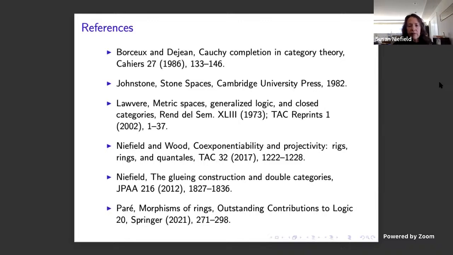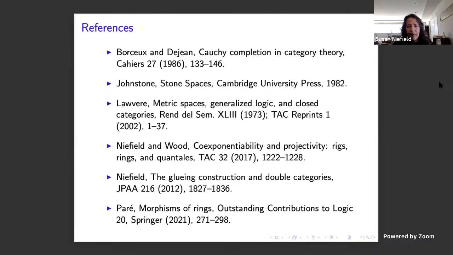And then Lawvere's original paper was in 73, but it was the first TAC reprint in 2002. And the paper with Wood, co-exponentiability and projectivity, rigs, rings, and quantales, was also in TAC.